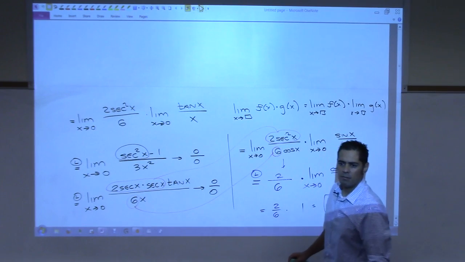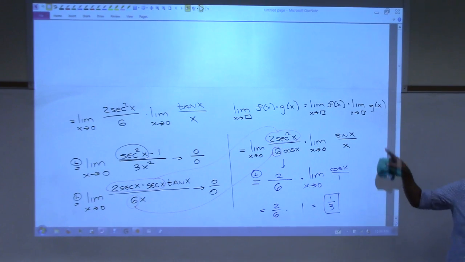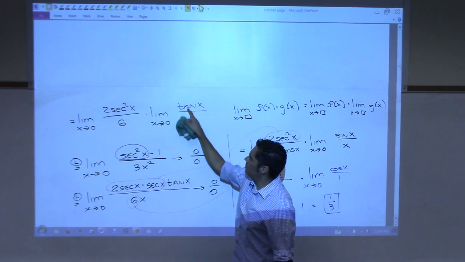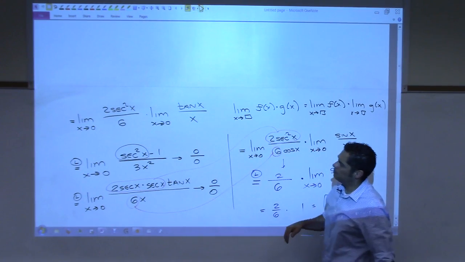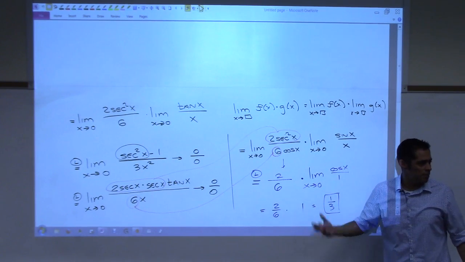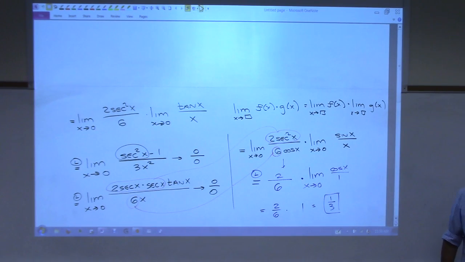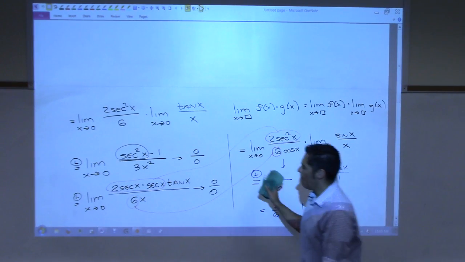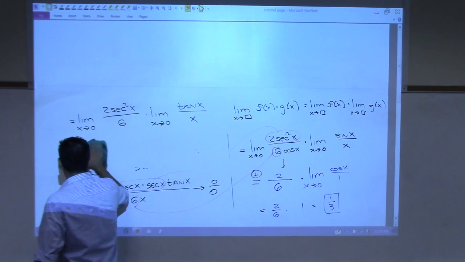You see that? That still would have been 0 over 0, right? And so I could have done L'Hopital right here. I would have got what? Secant squared x on top over 1, which would be 1 over 1. So you would have got the same answer. Just showing you there would have been a couple of ways you could have done that. All right, that's a good problem.